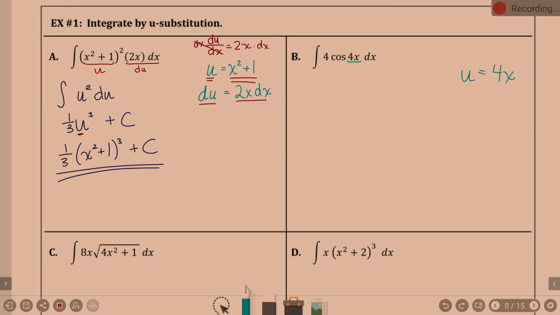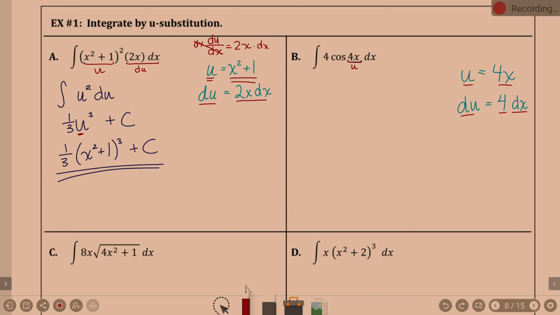If u is 4x, then du equals 4dx, the derivative of 4x is 4 dx. Now check your pieces. U is 4x, so we're going to be doing cosine of u. And then du is 4 dx.